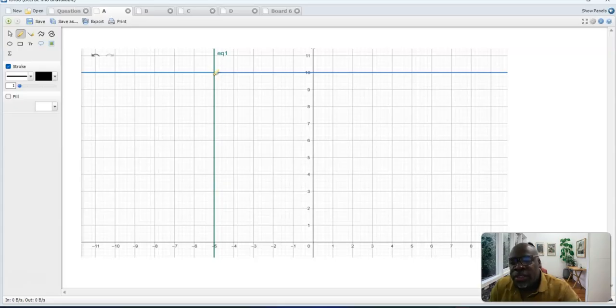If you note, they share a similar point right here. They share this point. Good. So it is a system of equations. They are sharing that point. Good. Now let's go to B.